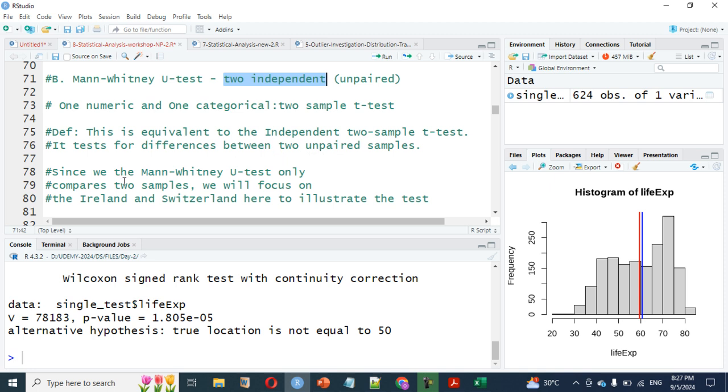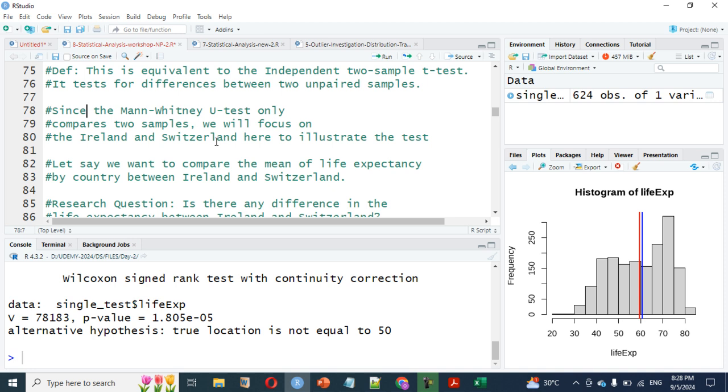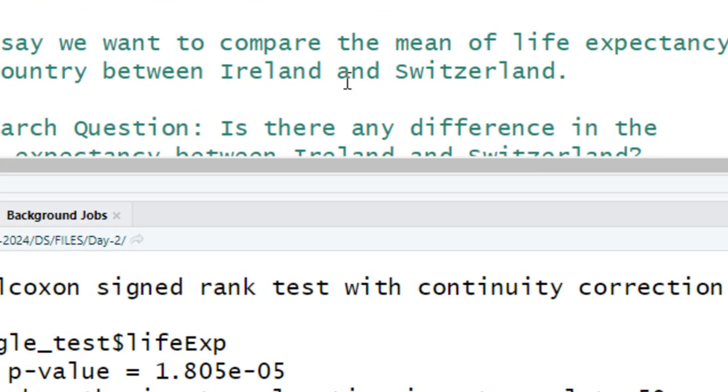Since the Mann-Whitney U test only compares two samples, we will focus on Ireland and Switzerland to illustrate this test. So let's say we want to compare the mean life expectancy by country between Ireland and Switzerland.